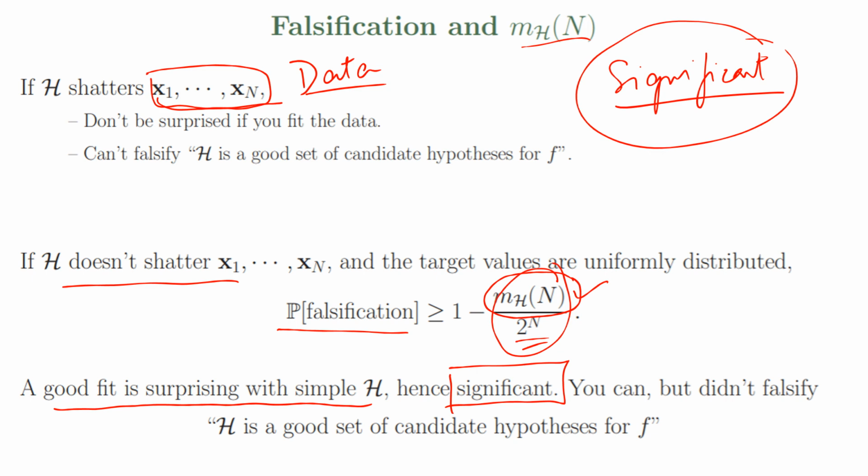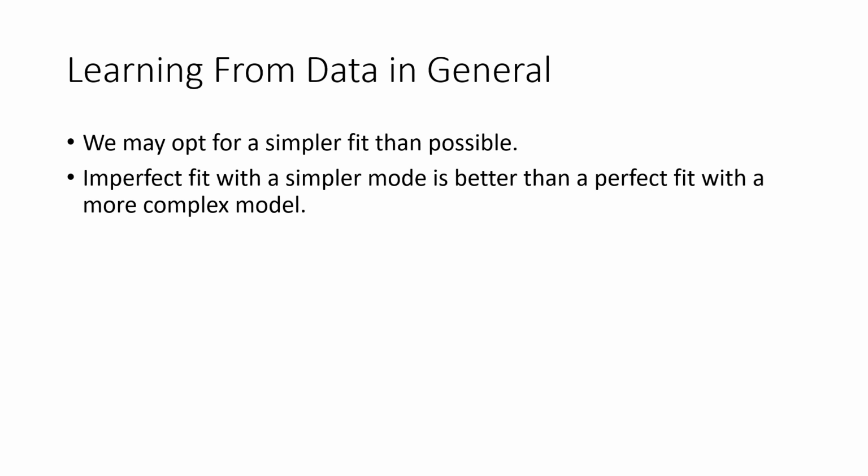Okay, so this was about falsification and keeping simple and about Occam's razor. And so in learning from data in general, we should opt for a simpler fit than possible, right? And our goal is to get E out small, which means it's not necessary that we get E in equal to 0. In learning, we are essentially taking Occam's principle a level ahead, right?